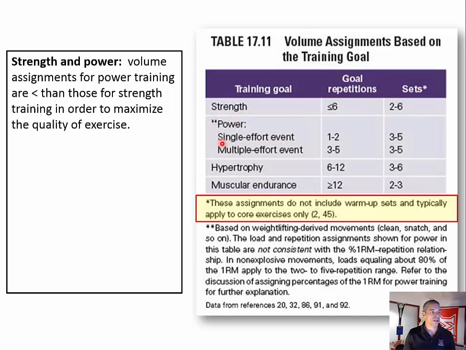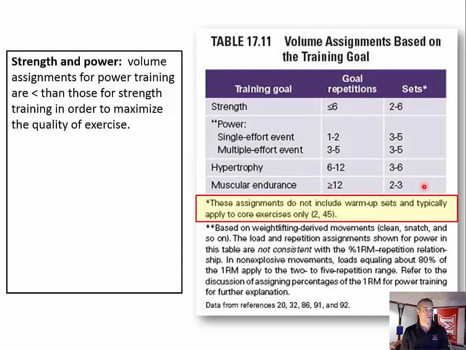For the power movements, and again depending on if it's a single effort or a multiple effort event, the goal repetitions are going to range anywhere from 1 to 5, with performing 3 to 5 sets for that given exercise. For hypertrophy training, the goal repetitions here are a little bit larger range from 6 to 12 reps, 3 to 6 sets for that given exercise, and then muscular endurance, performing a greater number of reps, so 12 or more, for 2 to 3 sets is recommended.